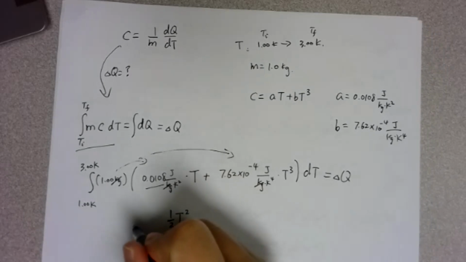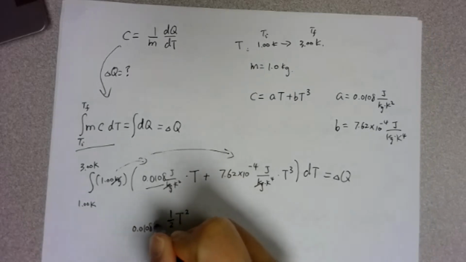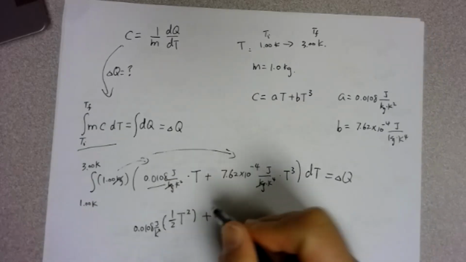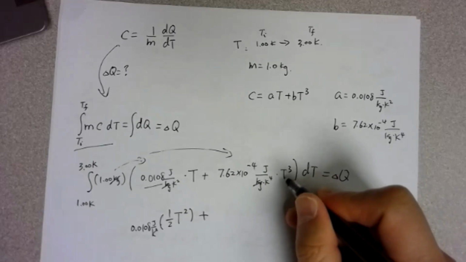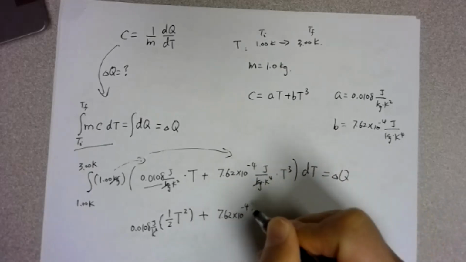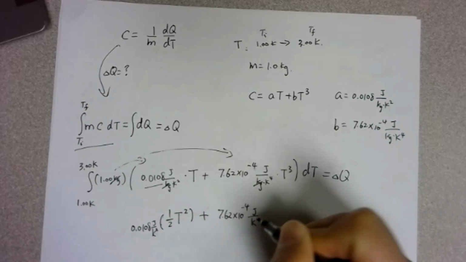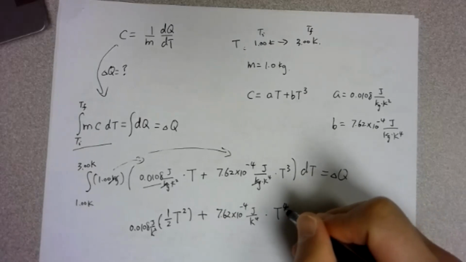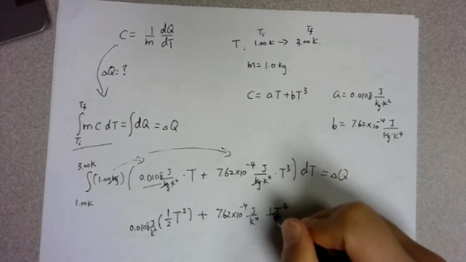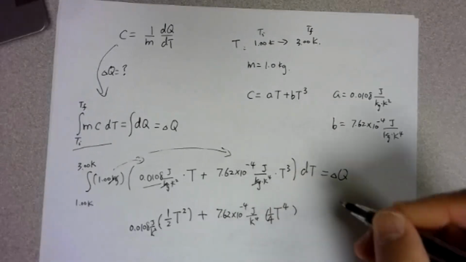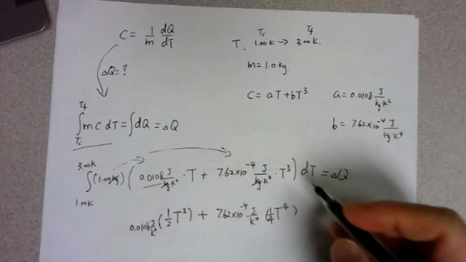And there's this 0.0108, joules over Kelvin squared, times that, plus the second one. Now for t to the third, write down the constant number first, times t to the fourth power. If you raise the power to the fourth, you bring 1/4 in front of it. So that's the integration.